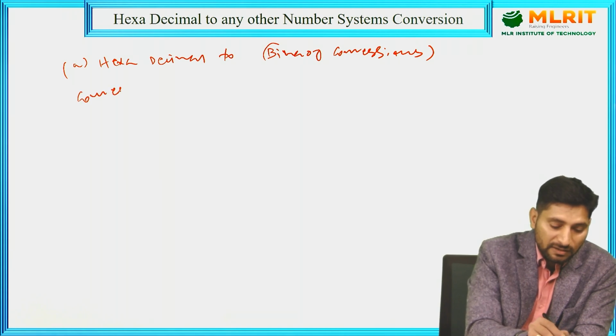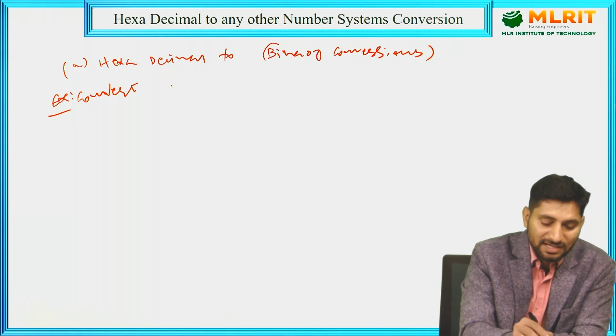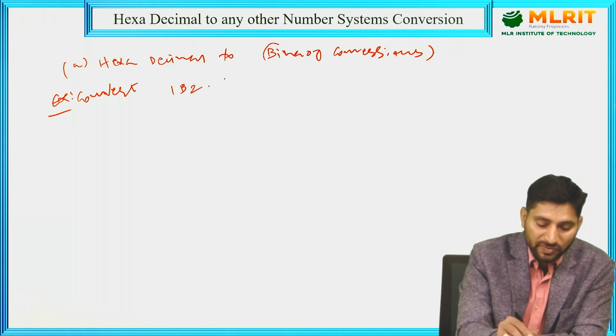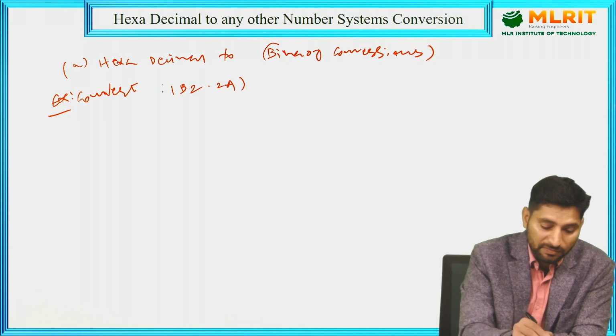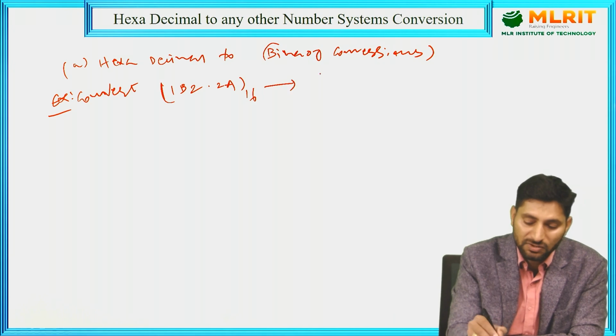Let me take an example. Convert any hexa quantity like 1B2.2A. Okay, this is a hexadecimal quantity. I need to convert this into binary.